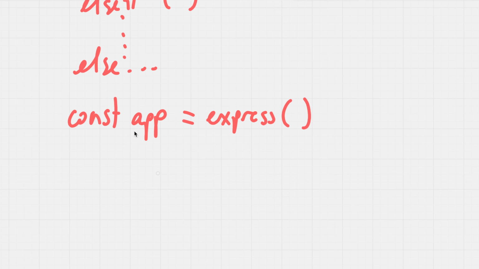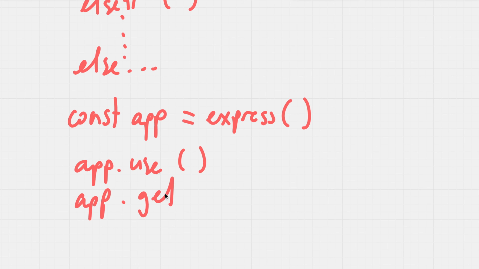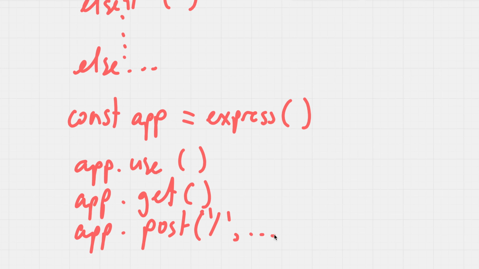So essentially, this is a function, and it has a bunch of methods attached to it, and then you can just do app.use something, app.get, app.post, and then let's say we'll specify a route and then something.